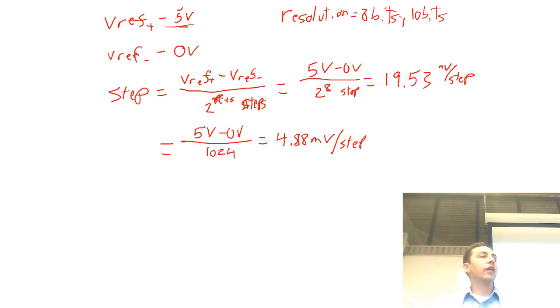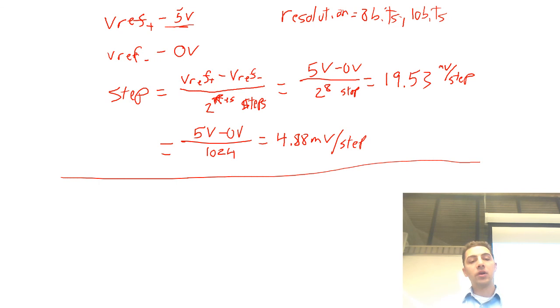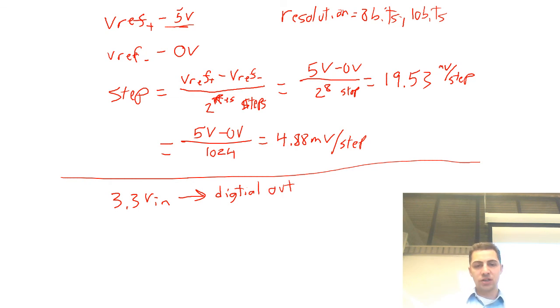So then another question I could ask once you've calculated these values, if I have 3.3 volts in, what do I get for my digital output? I know I didn't spell digital correctly.